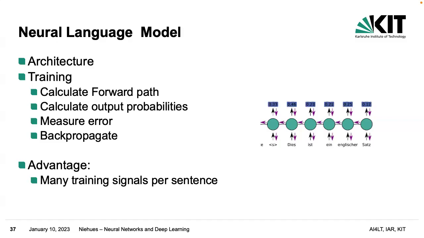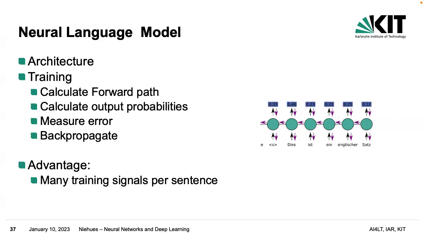At each position, you get a feedback signal, like which word was there. So for each word, you get one feedback signal, which makes the learning very efficient, because with one example sentence, you're learning a lot of things. You don't only need to predict one single thing, but you really learn all of them.